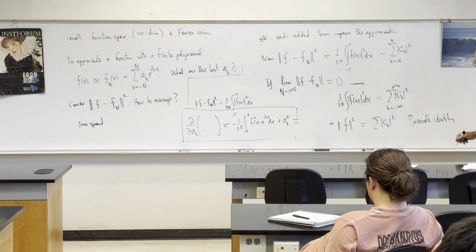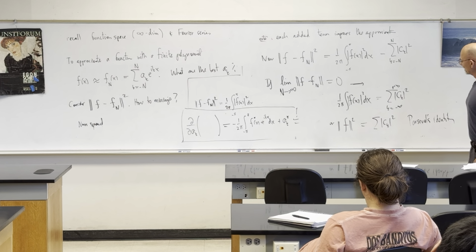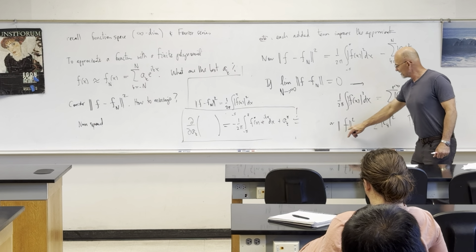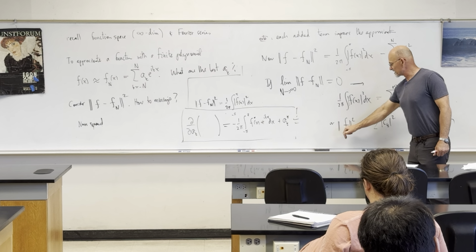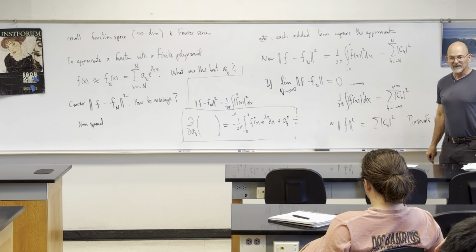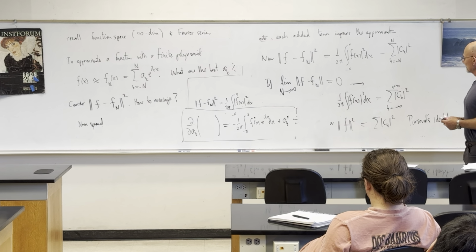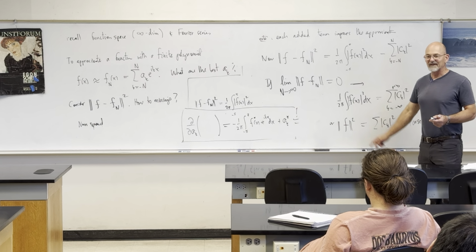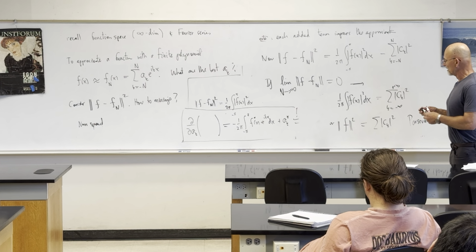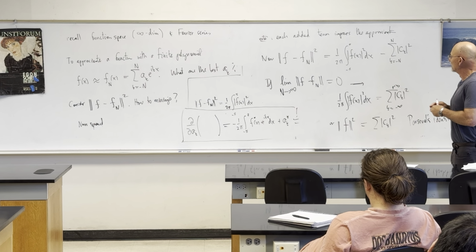And this is something you use in quantum, and you see in quantum. For example, this could be your real space, this could be your Fourier space, and you have this identity. We say we have this when we have a complete set of functions for a certain function space.